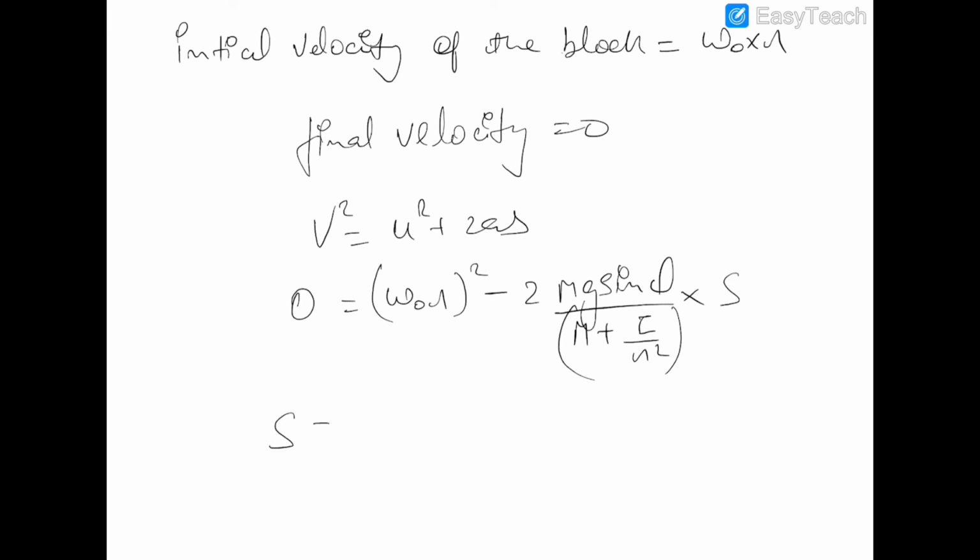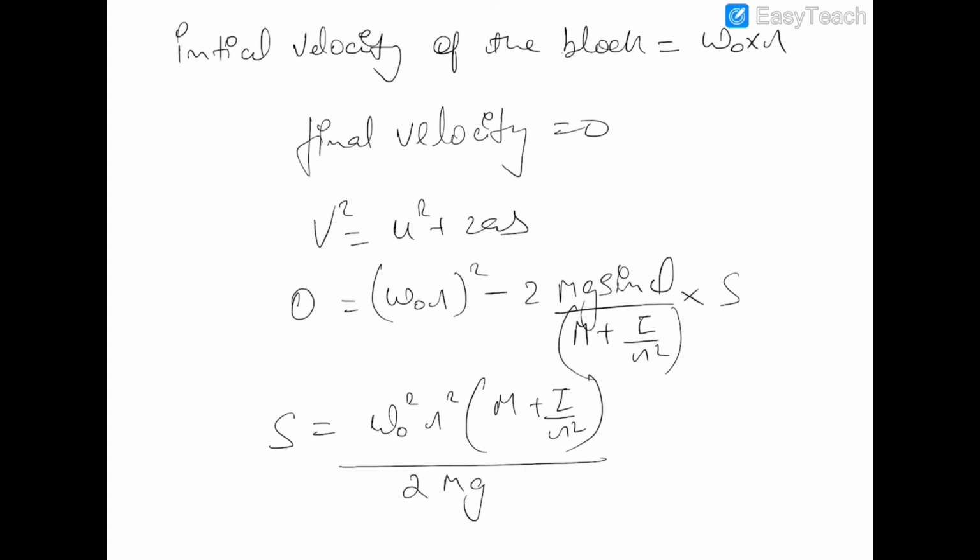So s is equal to omega naught square r square into (m plus I by r square) divided by 2 mg sine theta. So this is the distance moved by this block before coming to rest.